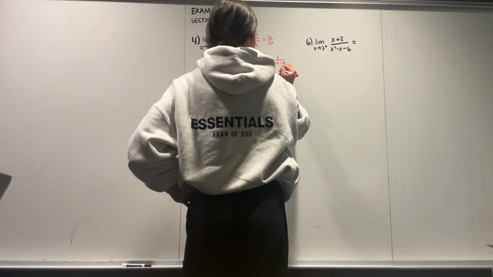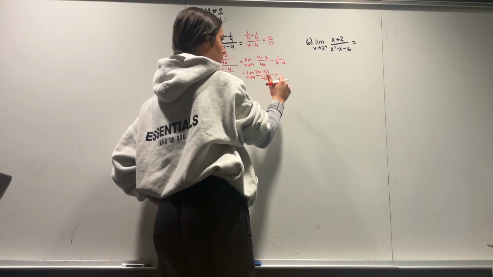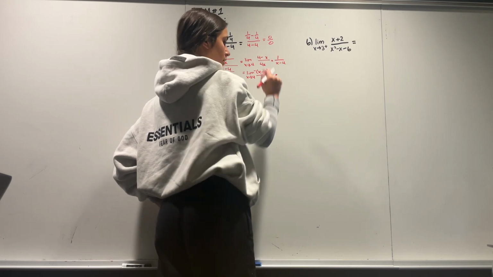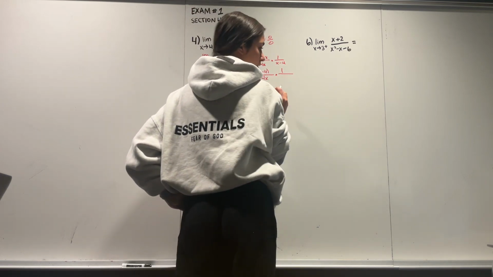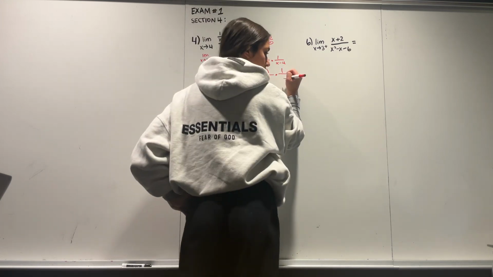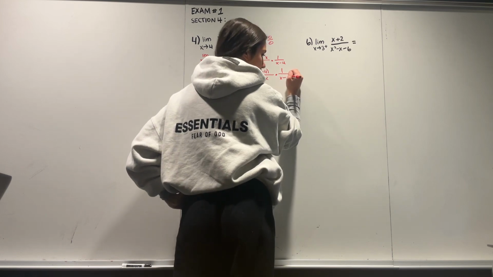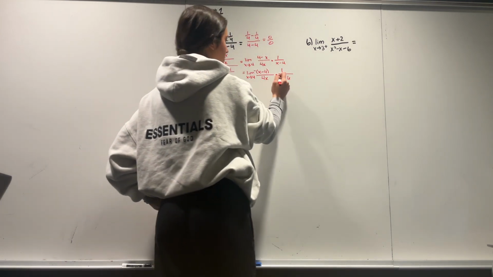And then for this, what I'm showing you here is that these two are the same, so you can cancel them. And one's negative and one's positive, so they'll cancel. And then x minus 4, so these two will cancel.